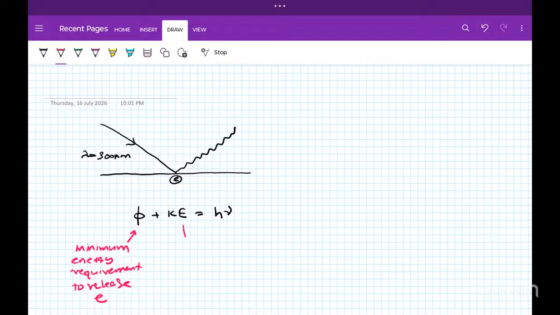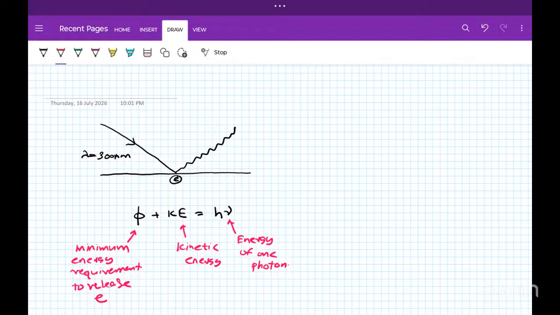So this is the kinetic energy. This h nu is the energy of one photon. The energy of one photon is responsible for the energy of one electron. You can assume it like that, because otherwise this question cannot be done.